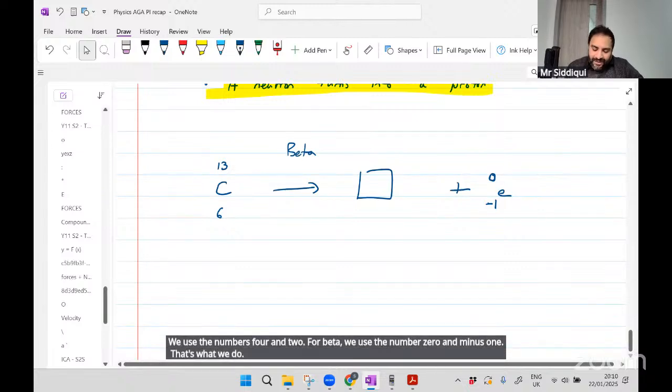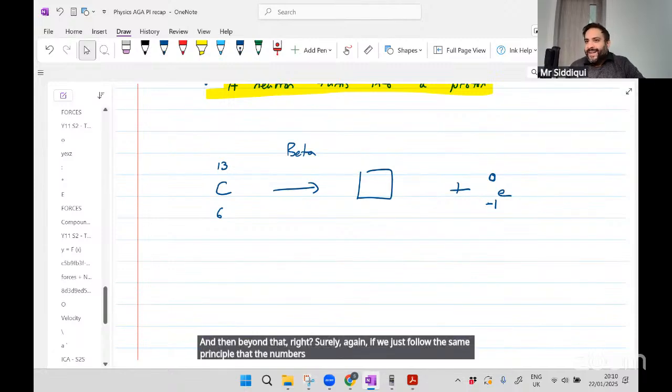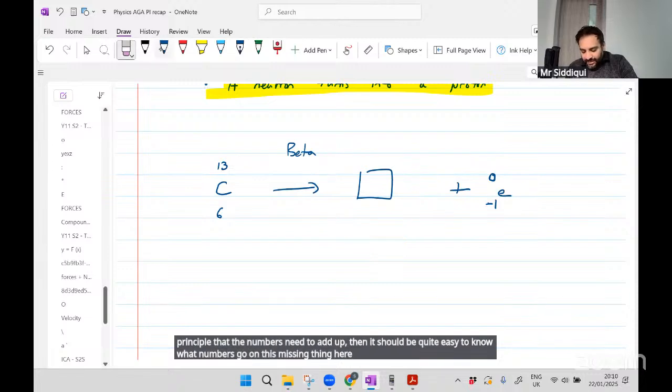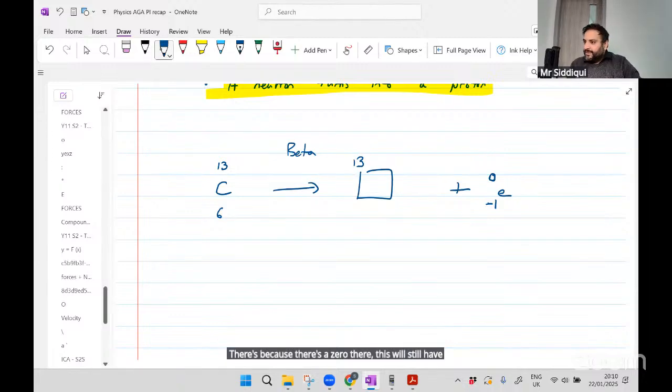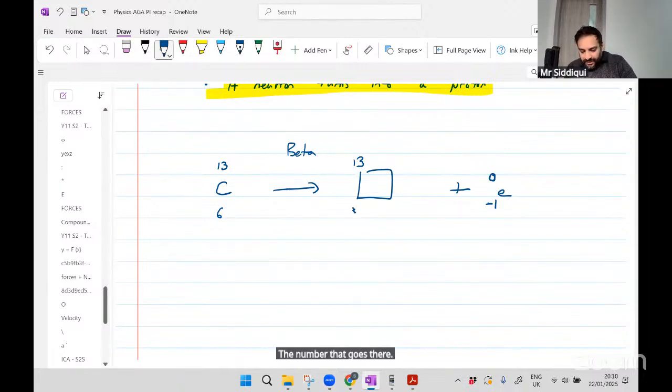Then, if we follow the same principle, that the numbers need to add up, it should be quite easy to know what numbers go on this missing thing here. Because there's a 0 there, this will still have a 13, because 13 add 0 is 13. The number that goes there has got to be 7, because 7 -1 is 6.